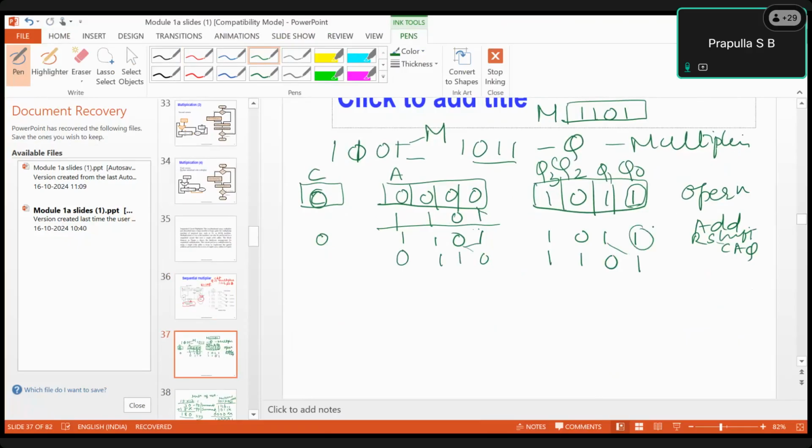See, this bit is gone. That is what we want. Now every time our Q0 bit should be moved out so that we do a right shift. So this is my first cycle. What I did: add and right shift CAQ. Why did I do add? Because my Q0 bit was 1.